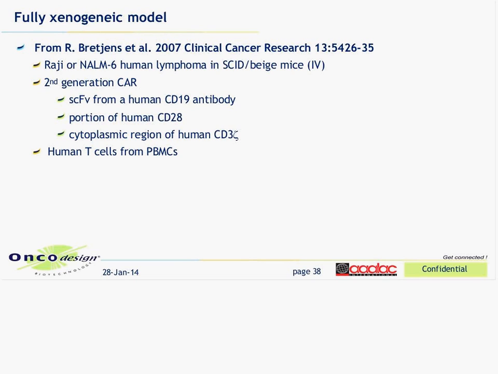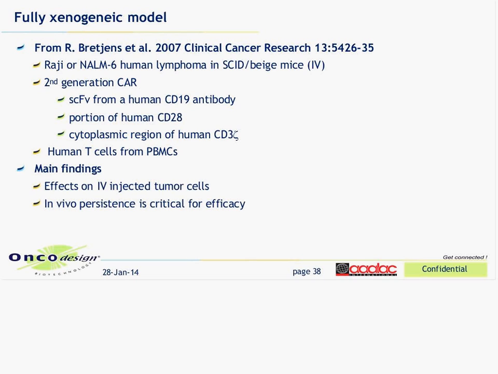In that case, the T cells are coming from healthy human PBMC donors and transduced to express this CD19 CAR, specific for CD19. So the results are relatively limited.